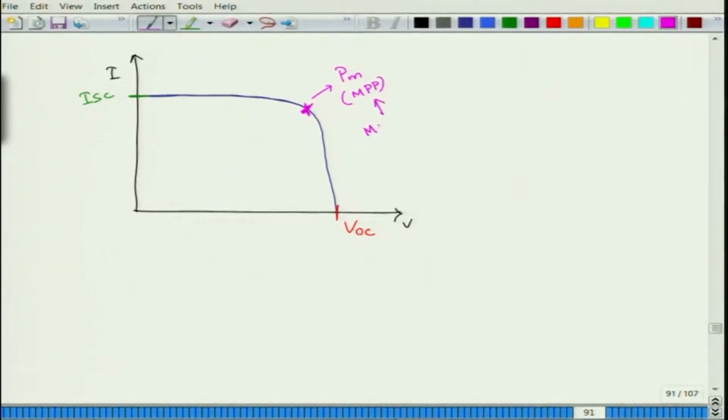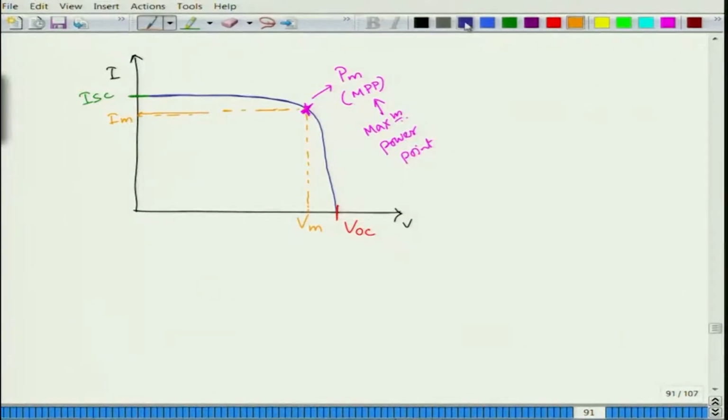Okay. Maximum power point, and corresponding to that you can find the corresponding voltage and current. So, this is called Vm and this is called Im.